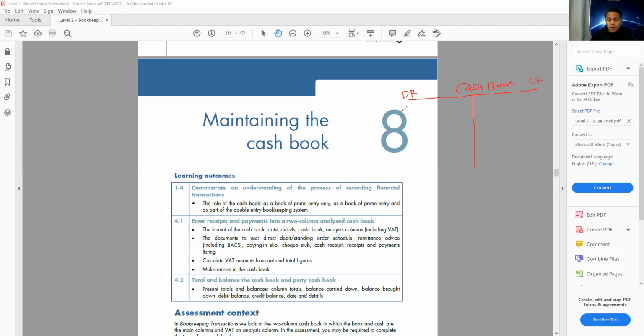Debit side is all about money in, money into the business. On the other hand, credit side is all about money out from the business.